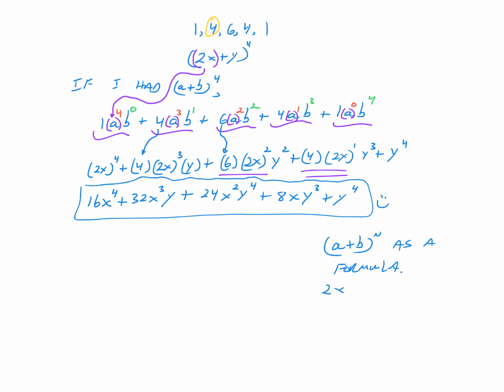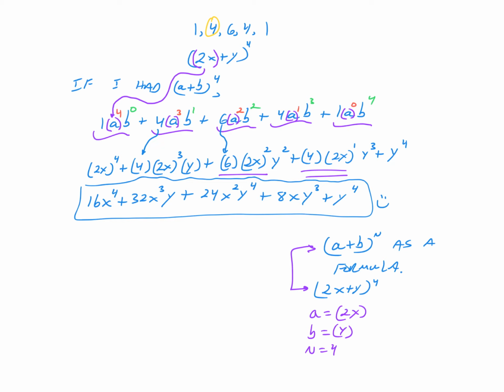So if we had 2x plus y to the fourth, and you compare it to this, we would say, okay, a equals 2x, and I think it's a really good idea to parenthesize it and call it quantity 2x, so that you realize that the exponent that would be on a applies to the 2 and the x. And then you might go ahead and say b equals y. Parentheses are optional on that one. And just to be complete, you can say, hey, n equals 4. So it gives you all the information you need.